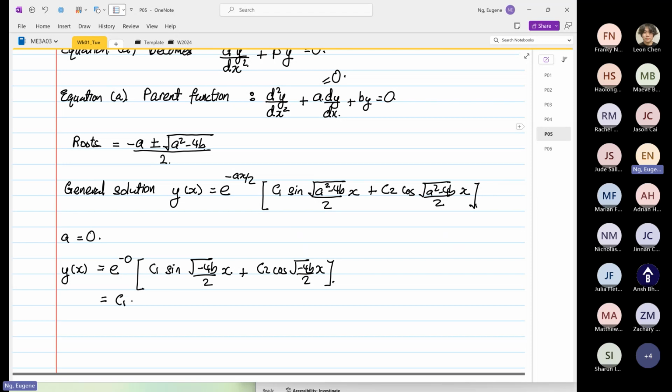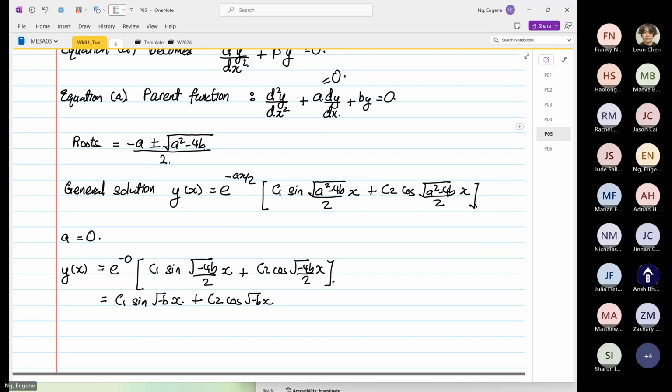So c1 sine, I'm going to take out the 4, so square root 4 taken out, you have minus b x, plus c2 cos of minus b x also.